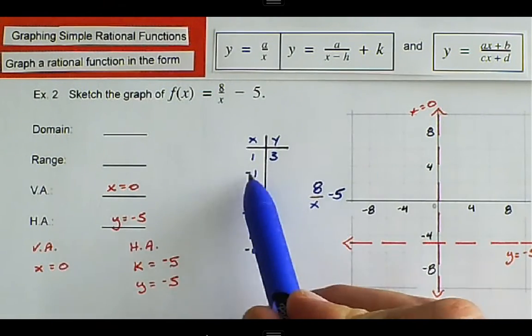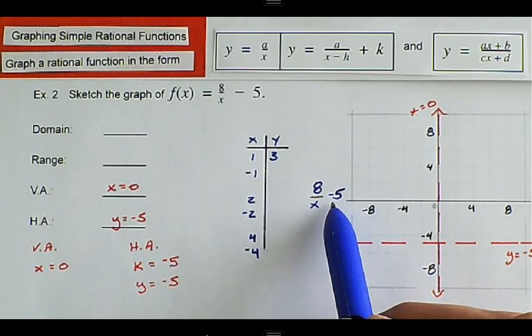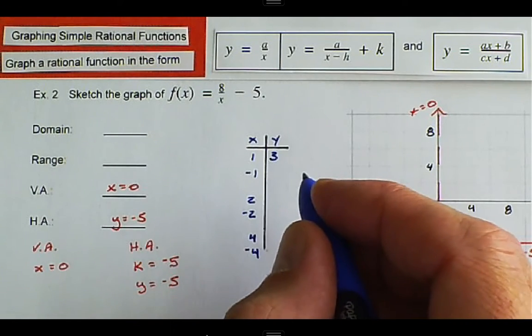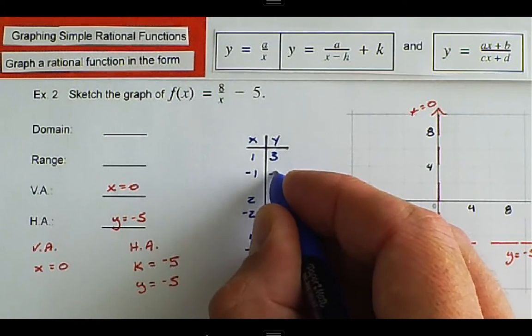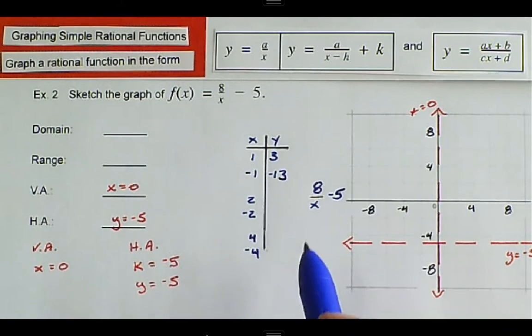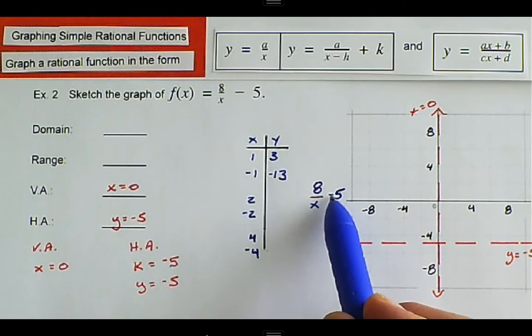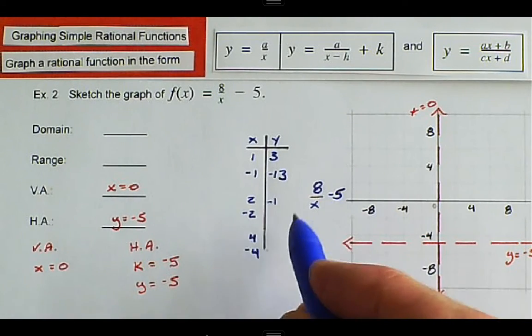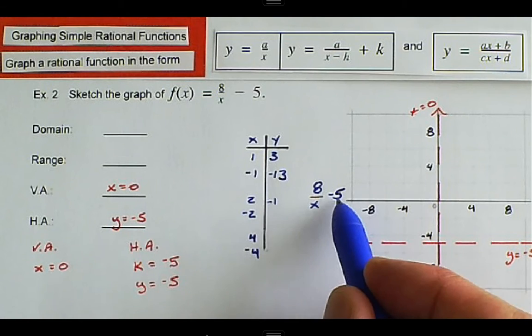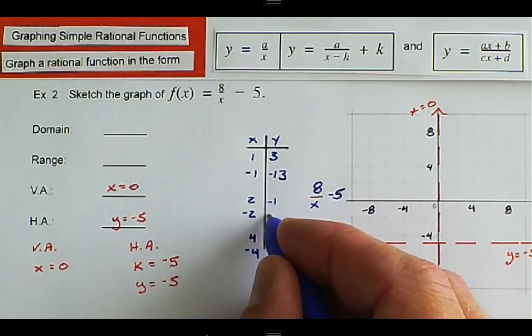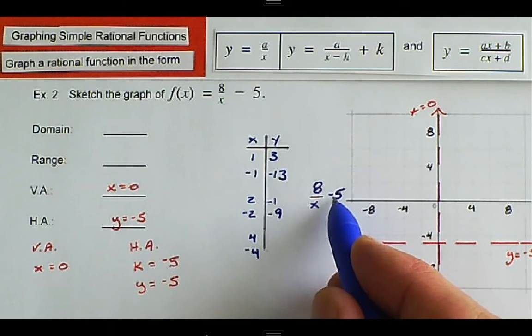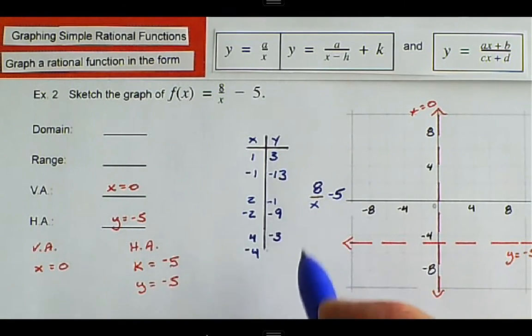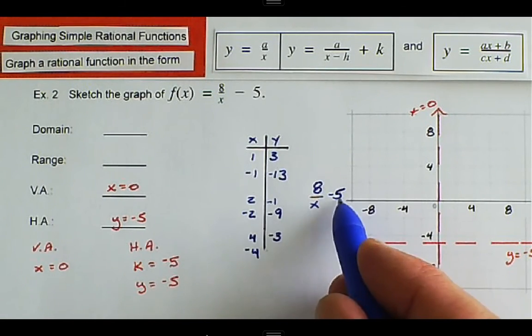And -1, in this case, we substitute -1 and we get -8 minus 5, which is -13. 8 divided by 2 is 4, minus 5 is -1. 8 divided by -2 is -4, minus 5 is -9. 8 divided by 4 is 2, minus 5 is -3. And 8 divided by -4 is -2, minus 5 is -7.